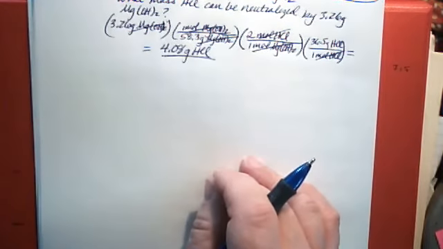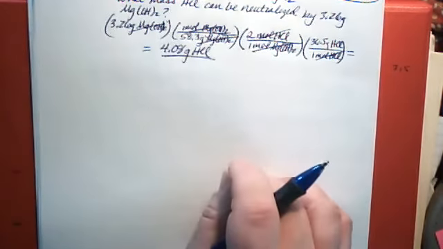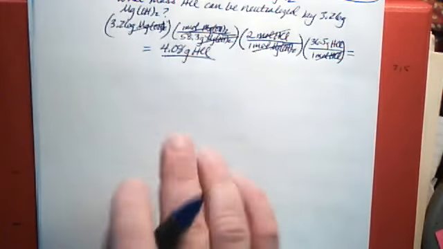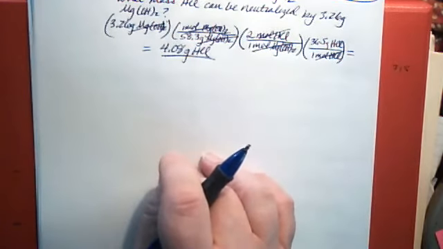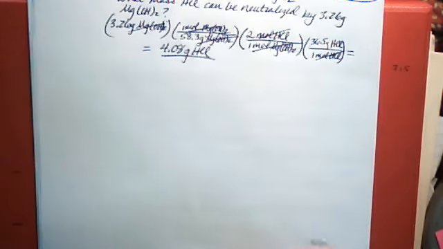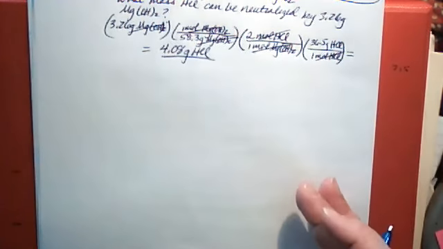In that case, one of the reactants will run out before the other one does. And at that point, the reaction is done. The reactant that runs out first is known as the limiting reactant or limiting reagent. It's called that because once it runs out, the reaction is done and you get no more product. So that reactant that runs out first is the one that limits how much product you can get.